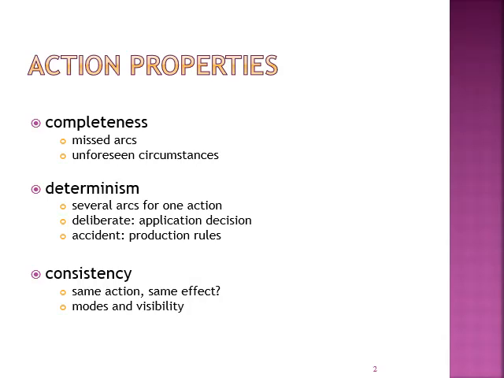So let's begin with user's action properties. There are mainly three action properties that a usable system should satisfy. First one is, as you can see in the slide, completeness. It checks if all the transitions lead to acceptable or final states, or there are some missed arcs, that is, some transition sequences don't lead to final states.